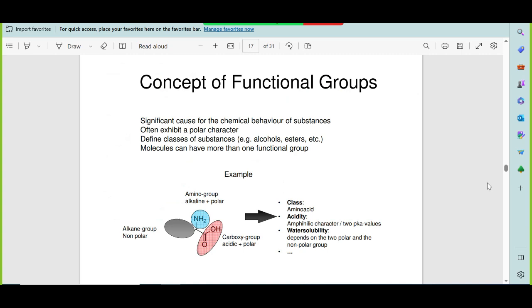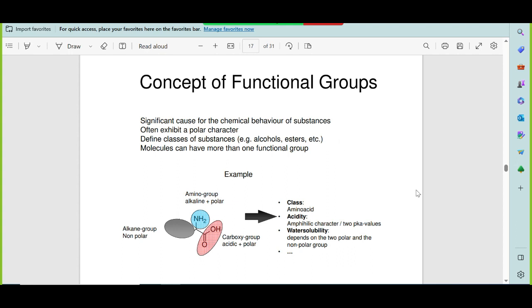And now I will focus on this slide. I want to explain what a functional group is and why it's important. A functional group is what characterizes a compound from another in organic chemistry and what puts it in a certain class.